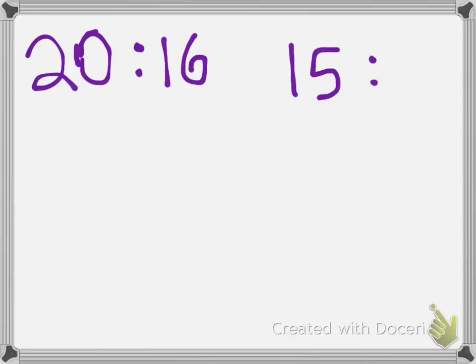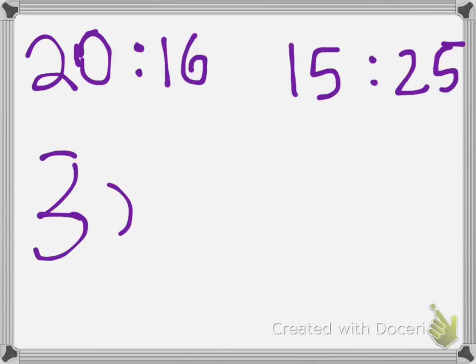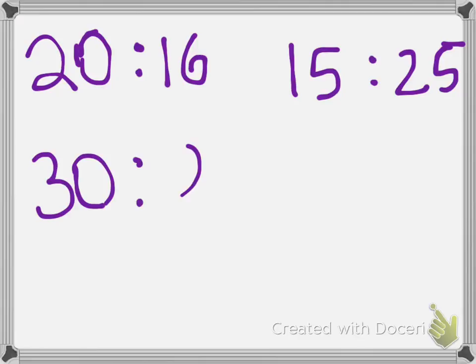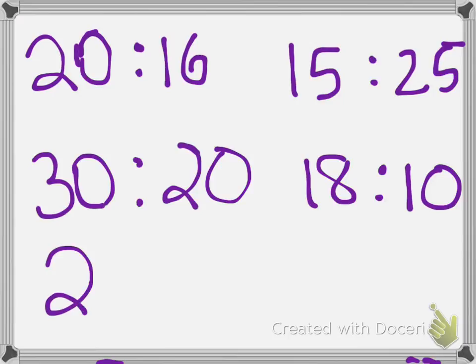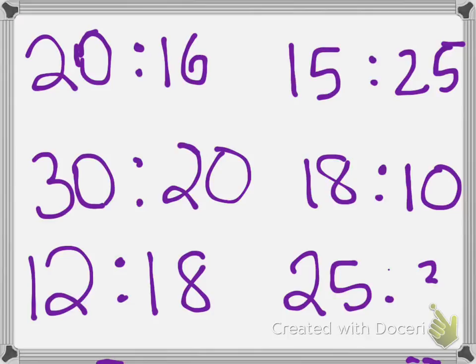15 is to 25. 30 is to 20. 18 is to 10. 12 is to 18. 25 is to 30.